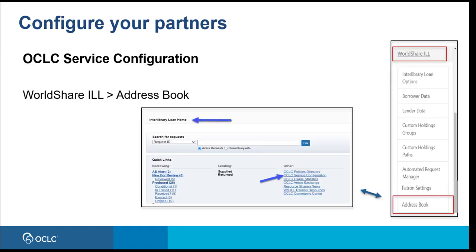The first step is to configure your ILL partners in the OCLC Service Configuration under WorldShare ILL category, then Address Book for you to refer to them when adding off-system requests to WorldShare ILL. Let's see how you can configure your partners and then add those requests to the system for you to manage them.